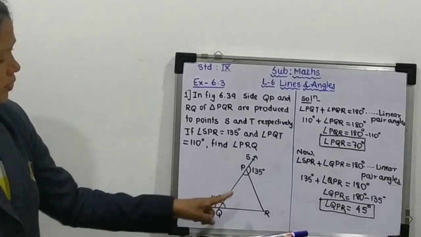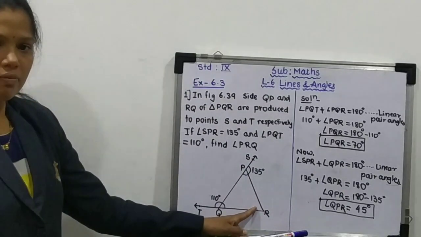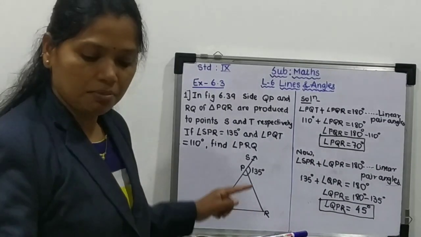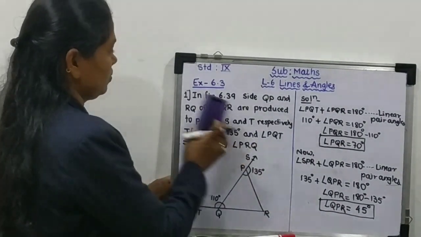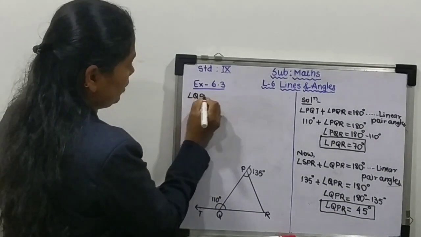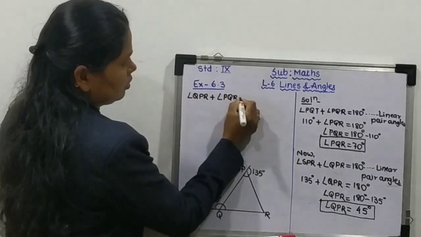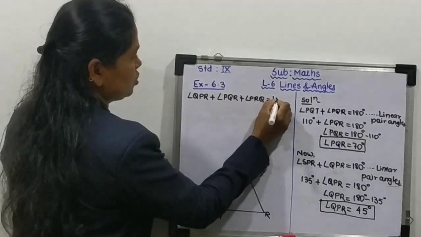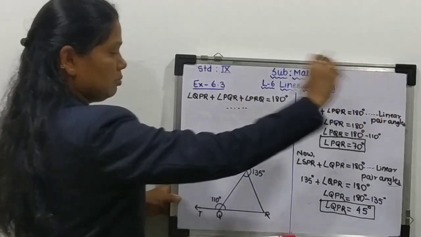Now what do we have? Angle P plus angle Q plus angle R is equal to 180 degrees. We will write this by the angle sum property theorem. I'll write angle QPR plus angle PQR plus angle PRQ is equal to 180 degrees. The reason I am writing here is that I don't have space in front of it.